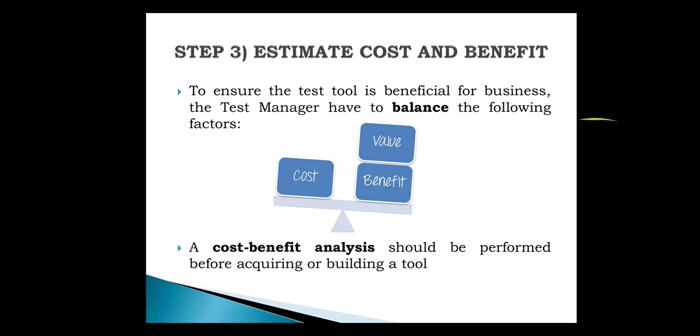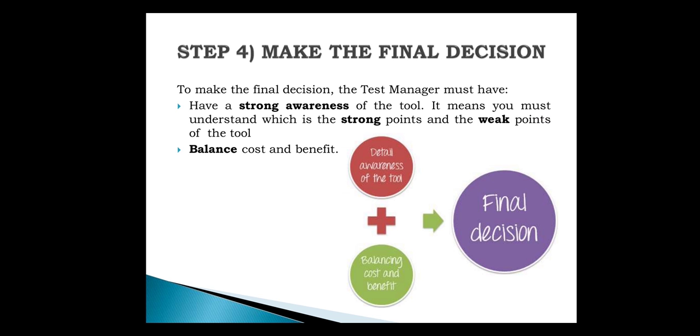Okay, next is make the final decision. Okay, so how are you going to take your decision? When you have some knowledge of that particular tool, plus you can understand the values and benefits of that particular tool, plus the costing which you have already evaluated.